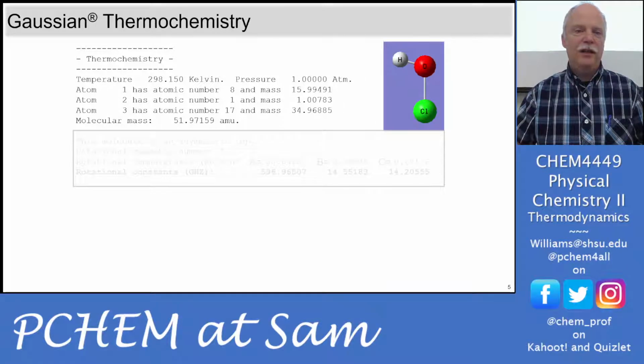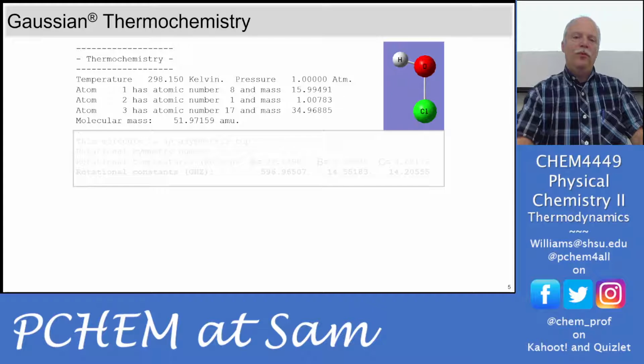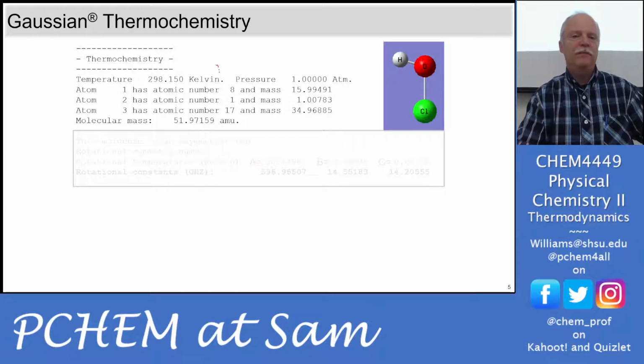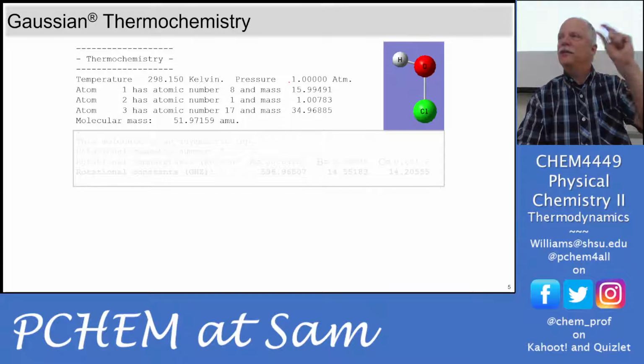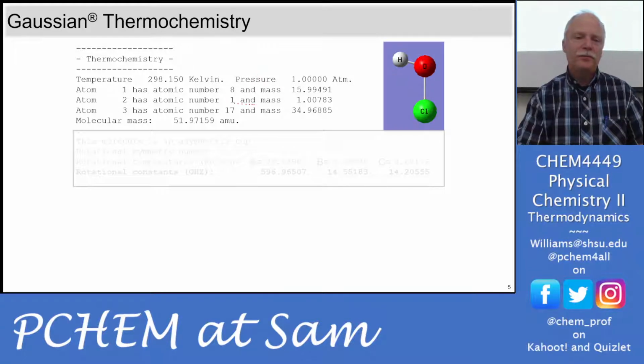And sure enough, it tells you what parameters you used for the calculation. By default, you're calculating at room temperature, 298.15 Kelvin, and 1 atmosphere pressure. In the input of the Gaussian job, you can put in a new pressure and a new temperature, so you could calculate different temperatures for your molecules. It has the default isotope masses.